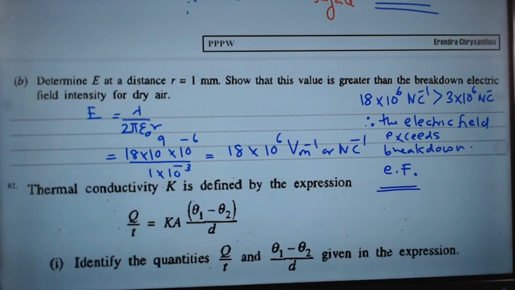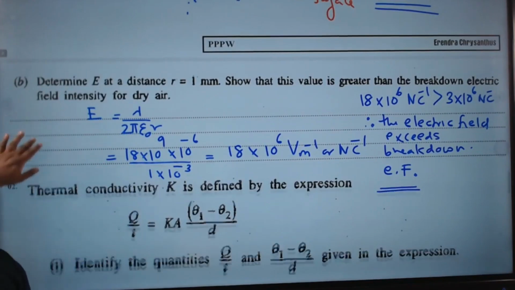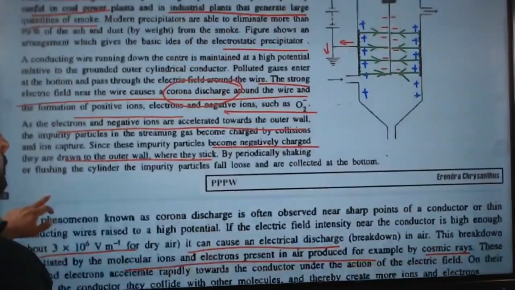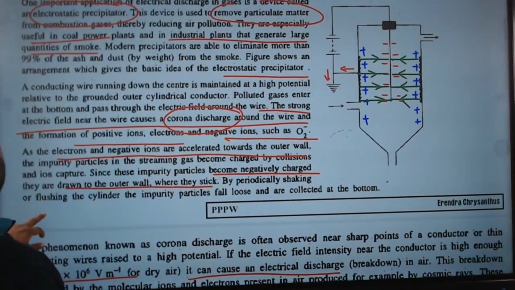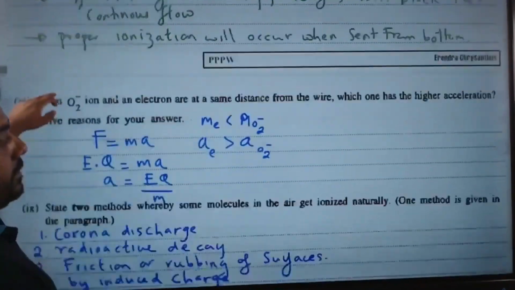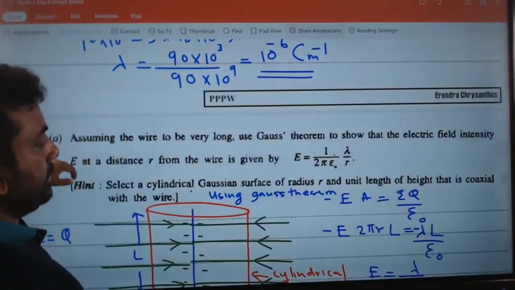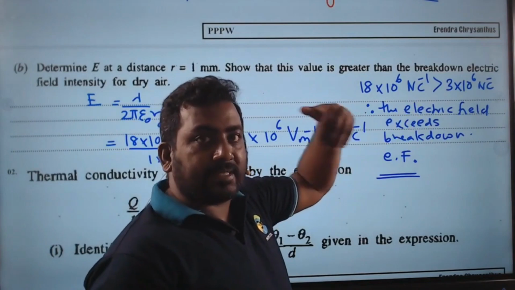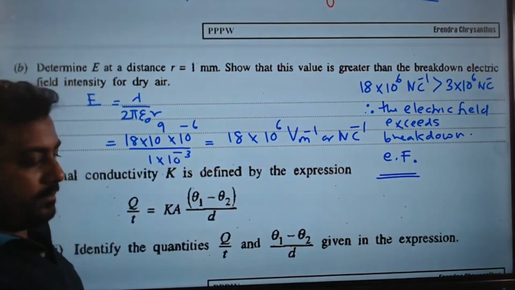Right. So here you have found your answers. The breakdown electric field is given in this question, 3 times 10 to the power 6. The value here is 18 times 10 to the power 6, greater than the breakdown electric field.